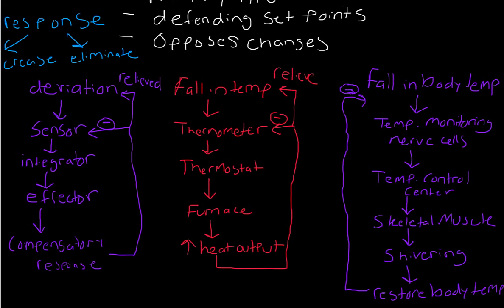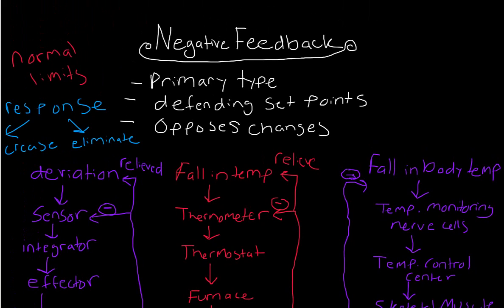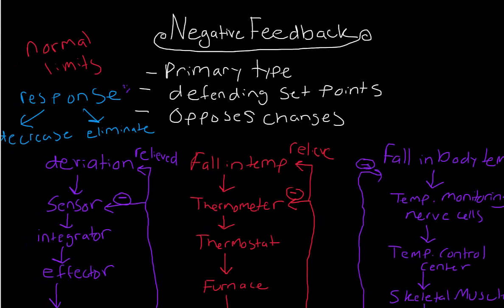So let's recap here. We discussed homeostasis and we described it as being the dynamic steady state in which the body prefers to be in. And one mechanism as to how that steady state is reached is through what's known as negative feedback. And the main purpose of it is to respond to changes that can be detrimental to the body.